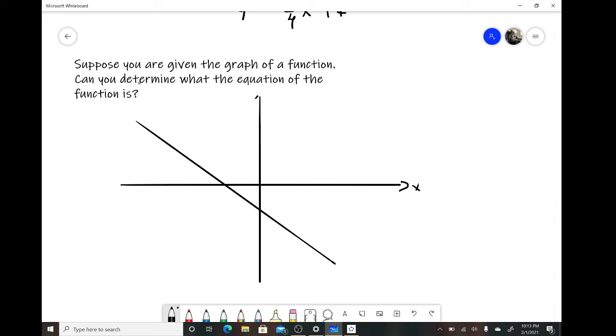This is x, this is y, this is the origin here. This point right here where the intercept is, is the point 0, -2. And then we have another point somewhere here, and this point right here is going to be 4, -5.